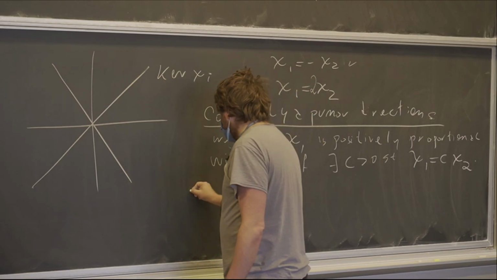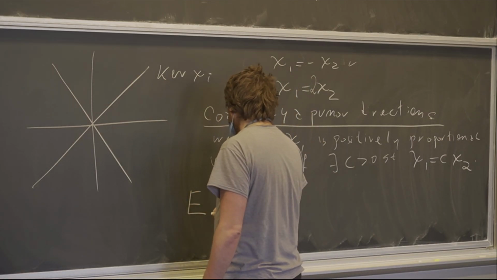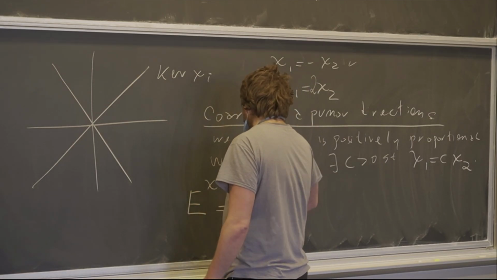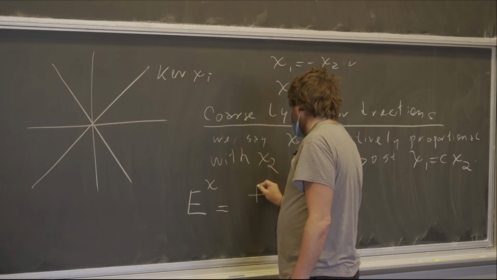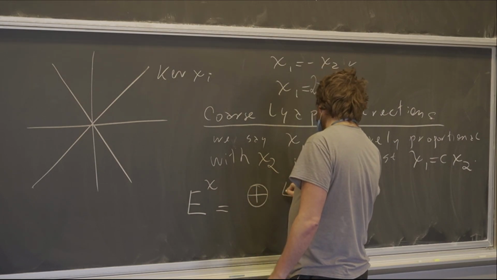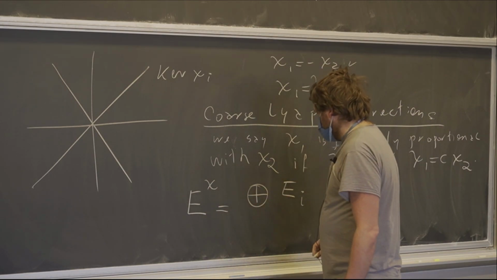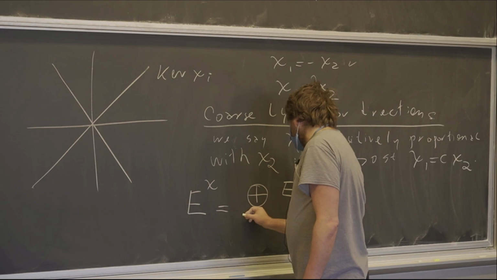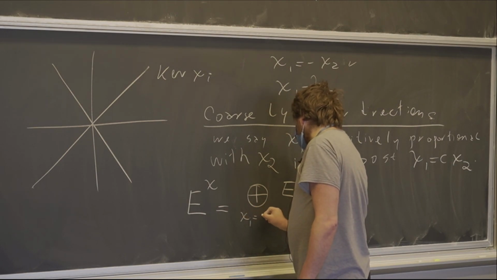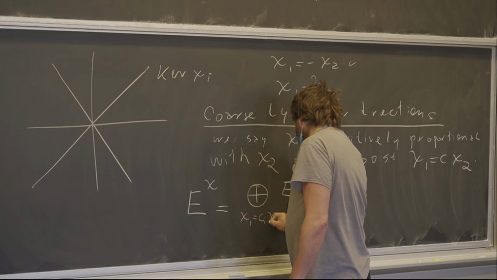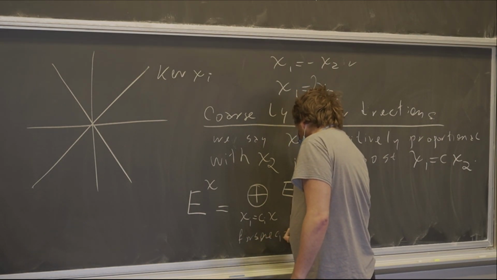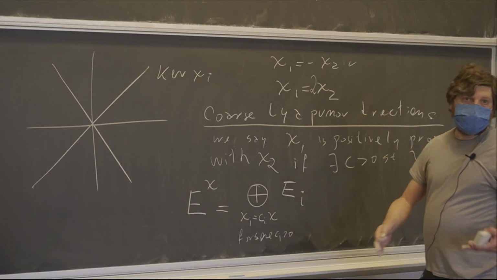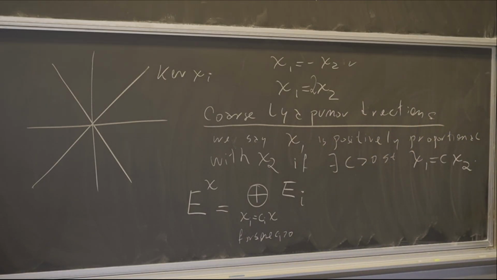So we define E^chi as being the sum of all the E_i such that chi_i is c_i chi for some c_i positive. So I'm adding all directions which are positively proportional.